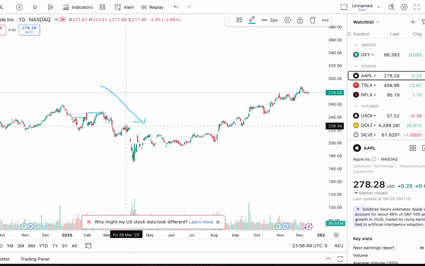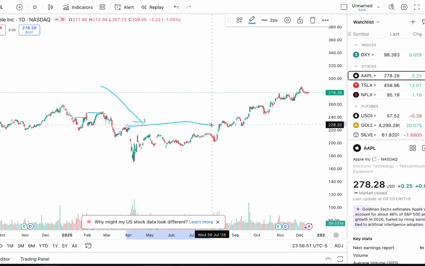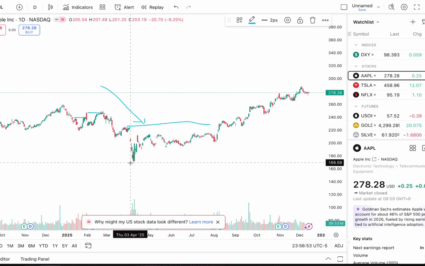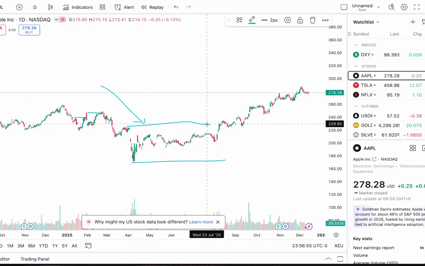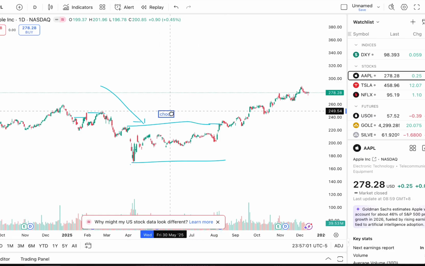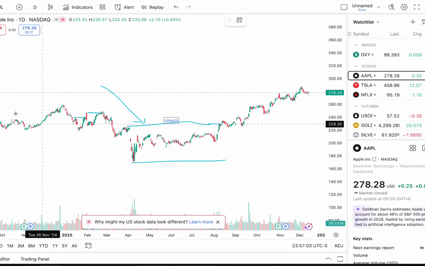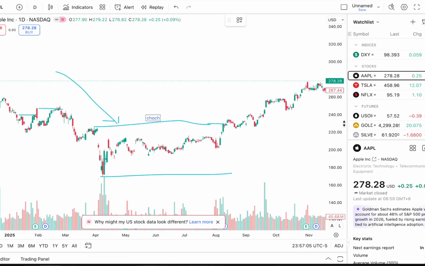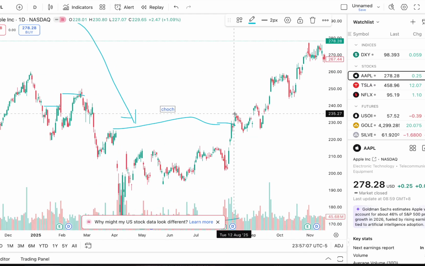So then the market makes a lower high here, makes a new lower low, and the moment price CHoCHs here, look how then price starts making higher highs from that point onwards.